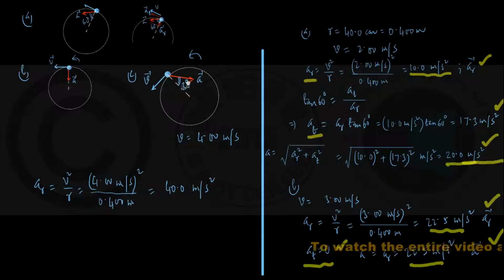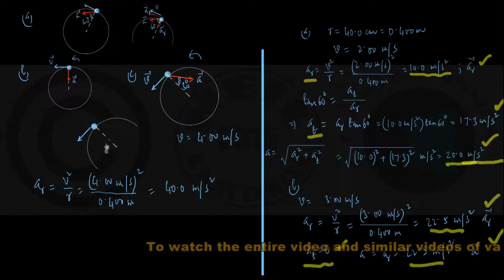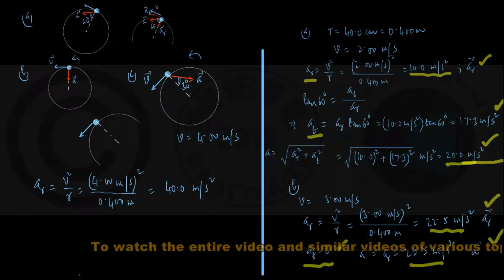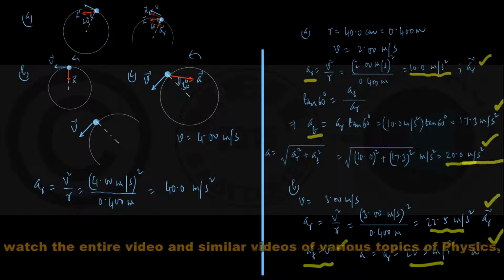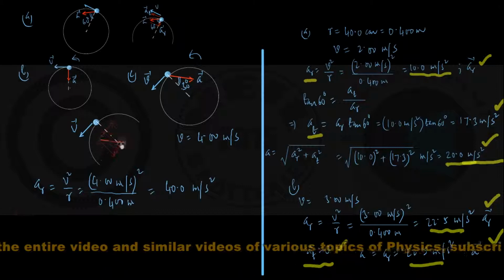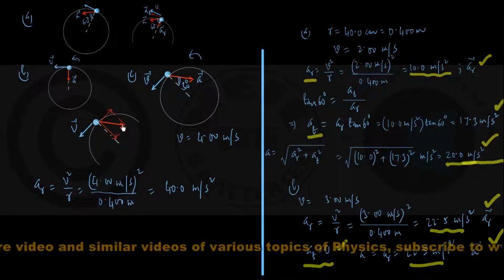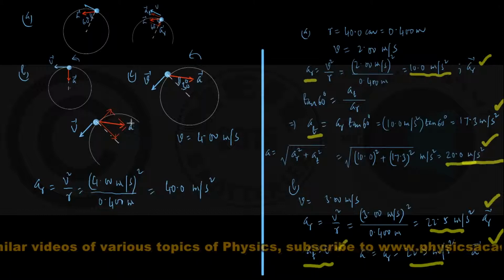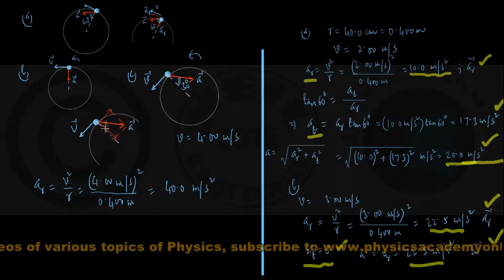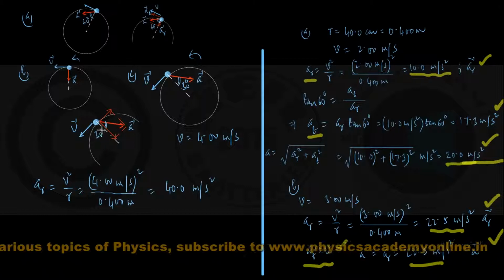Well, let us refer to this figure now carefully, and I show it separately for clarity. The same figure, but a part of that only. This was the velocity vector along the tangent, and if I take the two components of the total acceleration vector, this is the vector A. This angle is given to be 30 degrees.